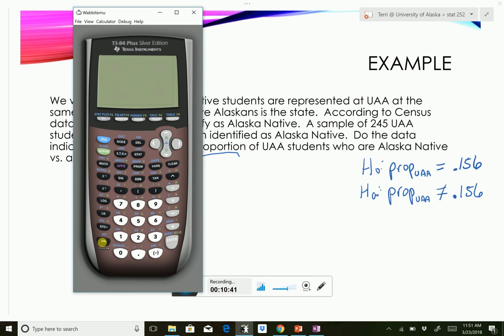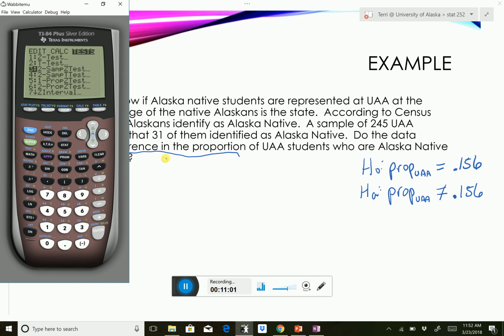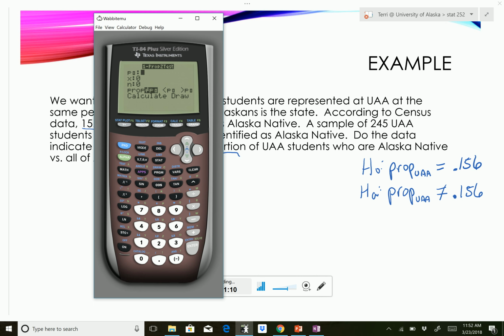So let's go to our calculator. We're going to stat, tests, and number 5, which is 1 prop z test. My P naught, that's my hypothesized proportion, is 0.156. X is how many successes.